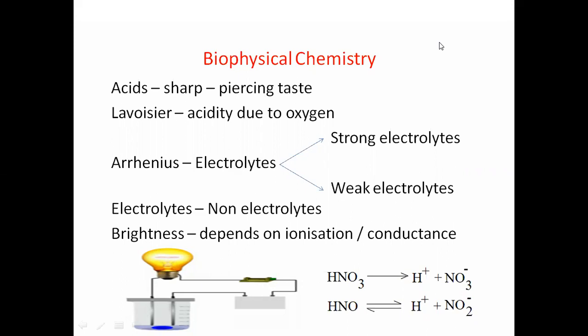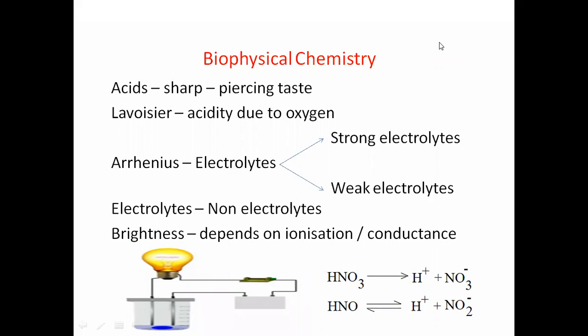When an electrolyte is put into water and undergoes dissociation spontaneously, it is called a strong electrolyte. A weak electrolyte is one which is not dissociated even at infinite dilution.